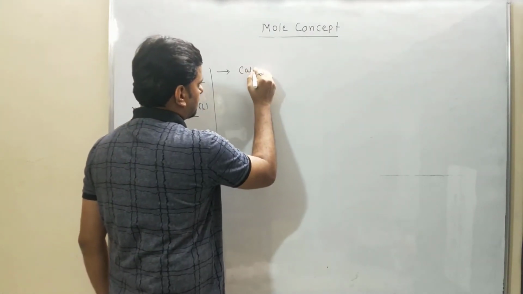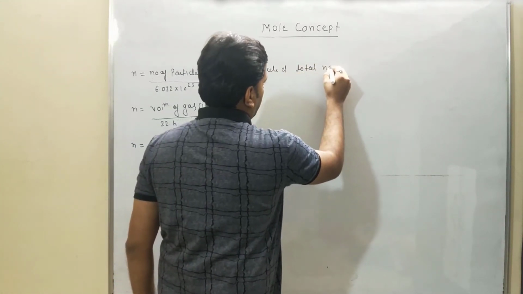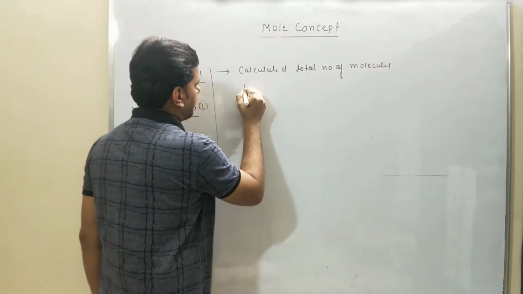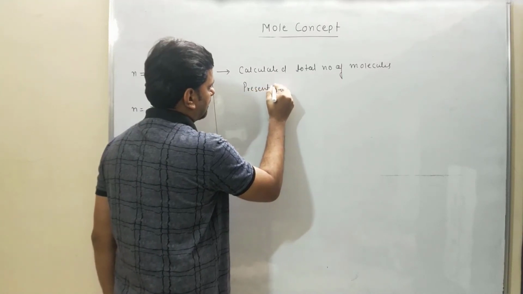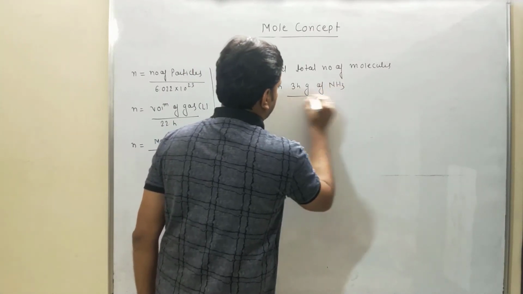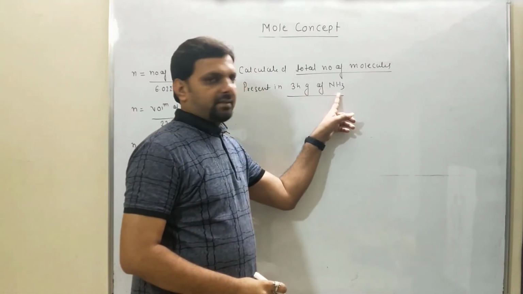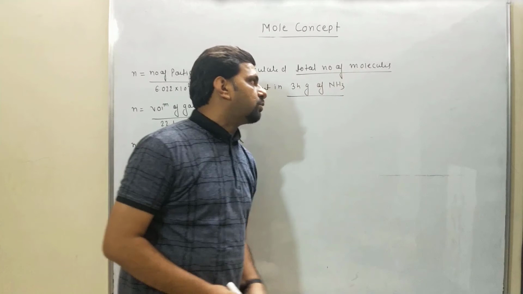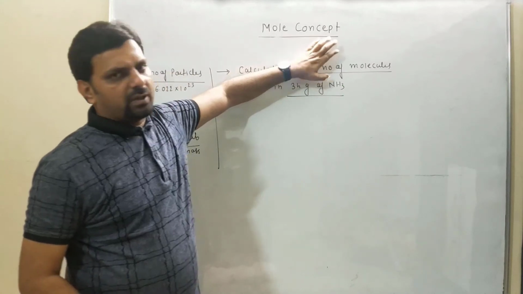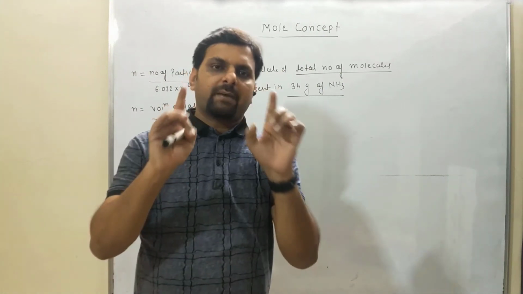Calculate total number of molecules present in 34 gram of NH3. So they have given 34 gram of NH3 and you are supposed to find out total number of molecules. You can directly calculate this, but at this stage we will not calculate directly. We will move step by step.